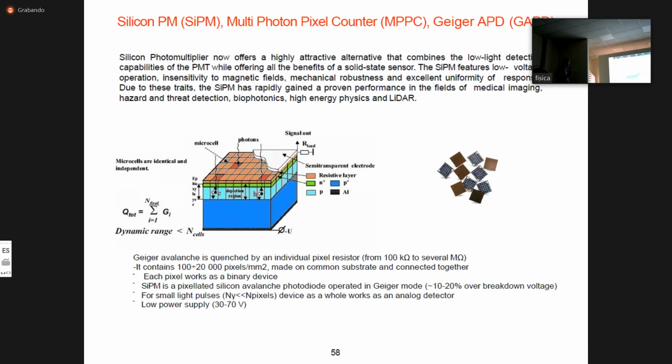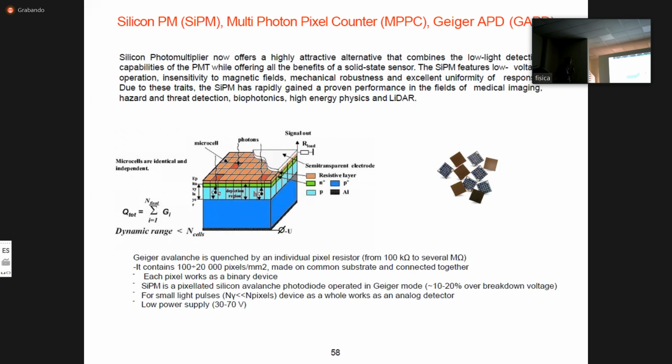Modern detectors have about 20,000 of these pixels, structured on the same substrate. The reason they decided to create a lot of pixels is that each pixel is actually independent, and they're pretty small, about 25 to 35 micrometers.